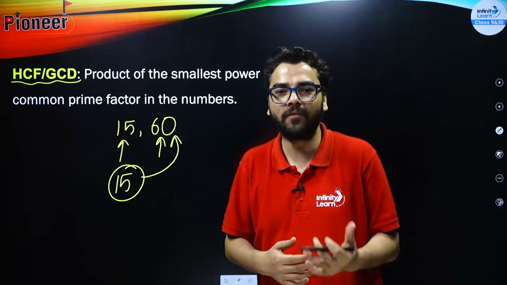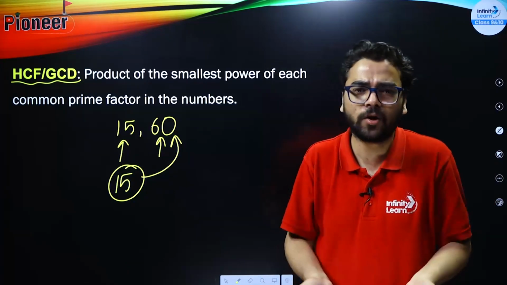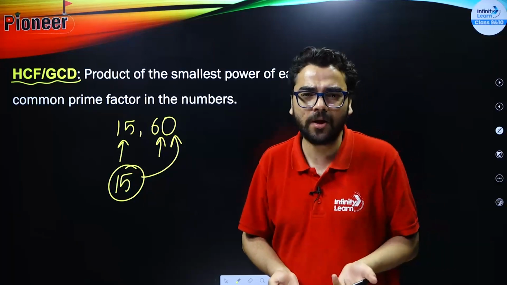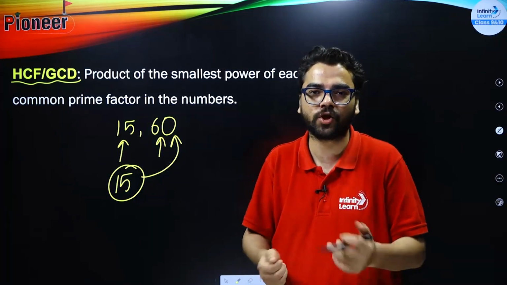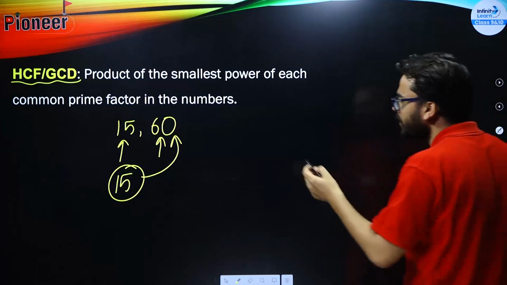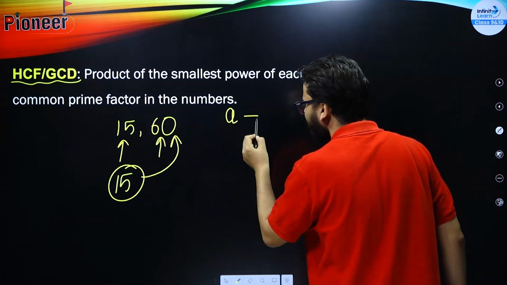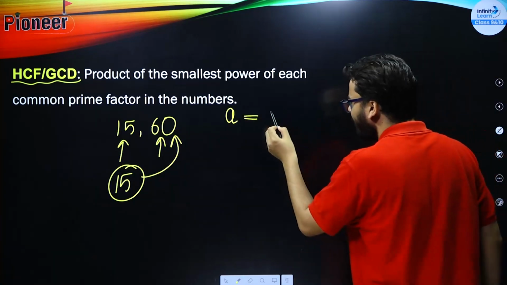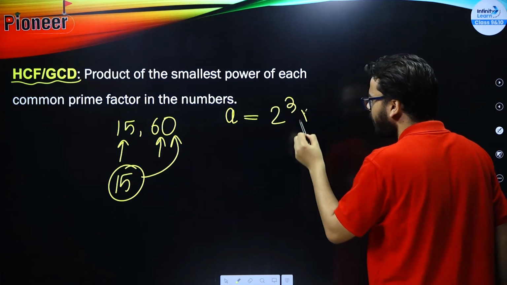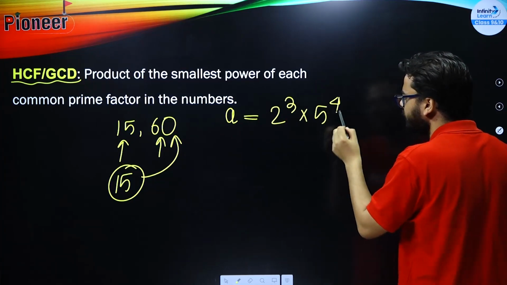Now this is a small way. For small numbers you'll be able to think, but every time you'll not be able to think like this even if you know the definition. So for that you have to know from the prime factorization. For example, you've got A over here and I'm writing them in the form of prime factorization.